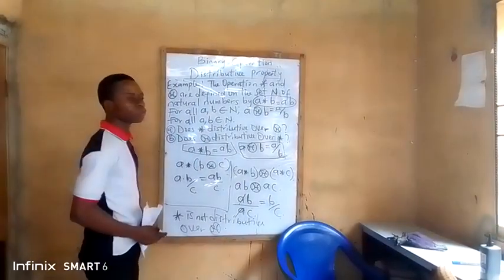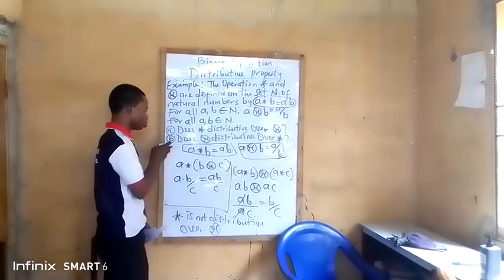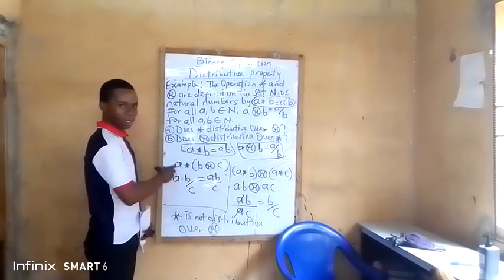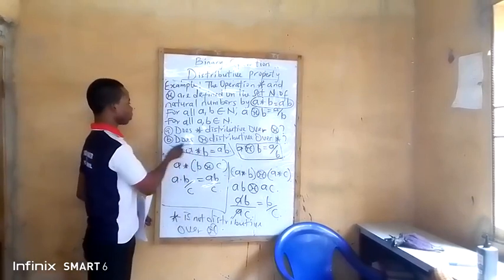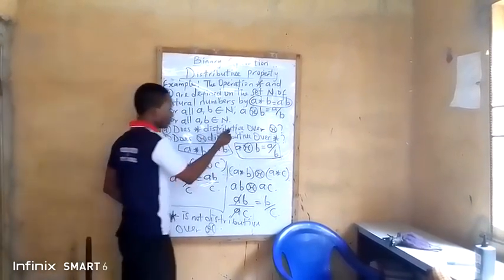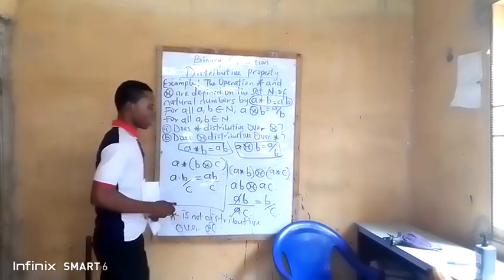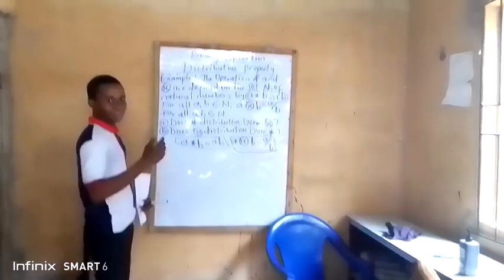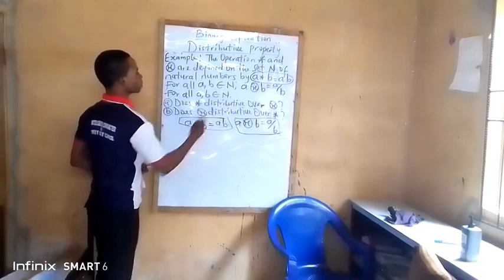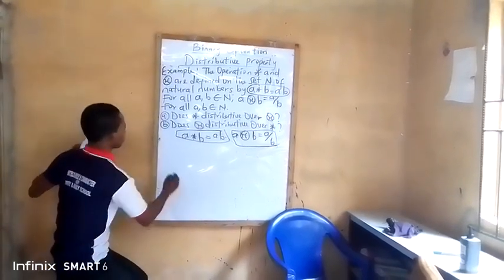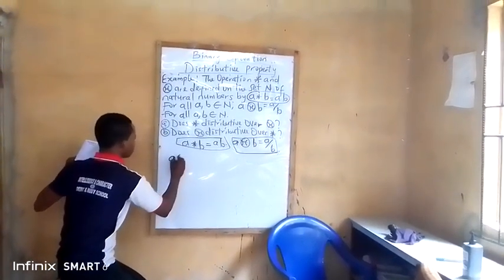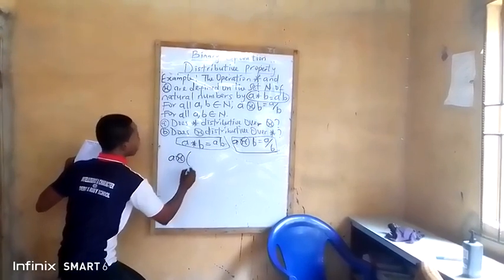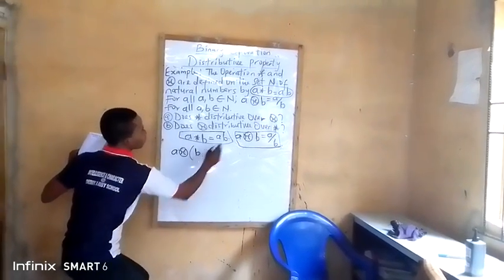Now let us do this one: does circle distribute over asterisk? That means we write a circle (b asterisk c).